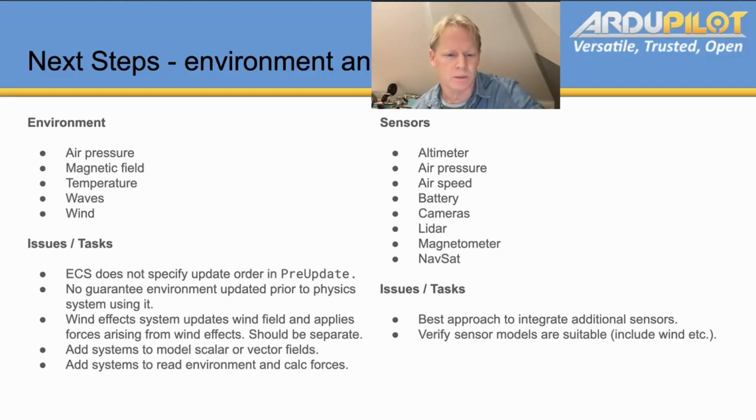Things like the wind effects and system updates do a couple of things. They update the field, and they also apply the results of those fields to the various links. And I think they should probably be separate. You have a set of systems that updates the environment, and then you have a set of systems that queries that and applies it.